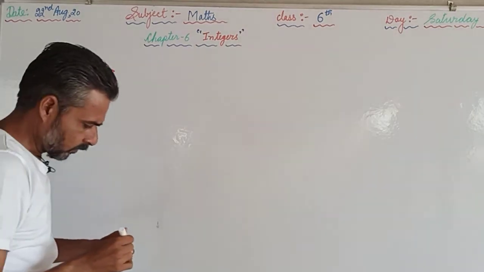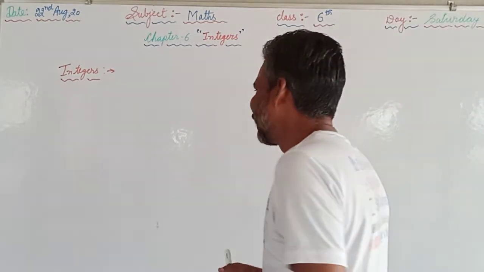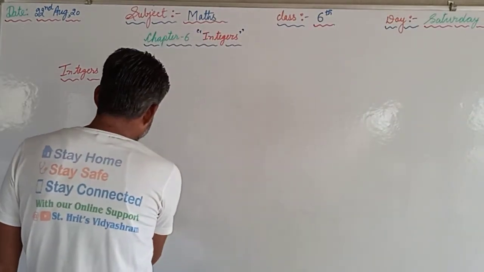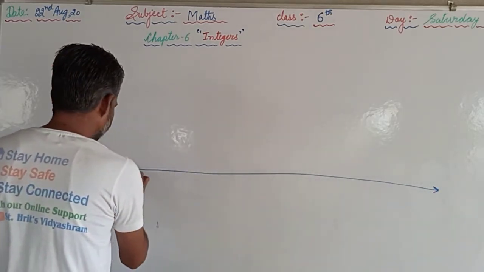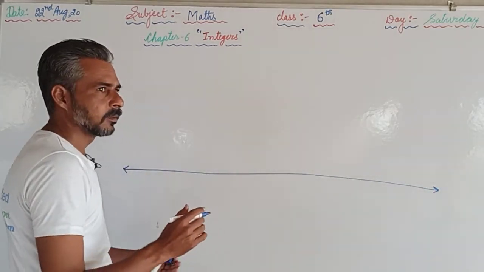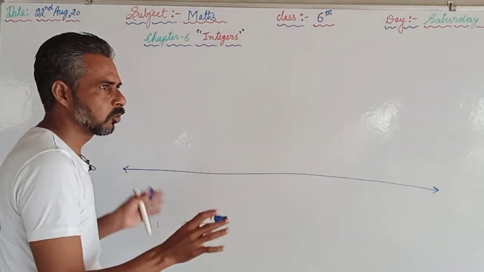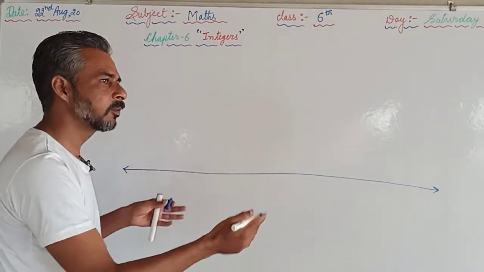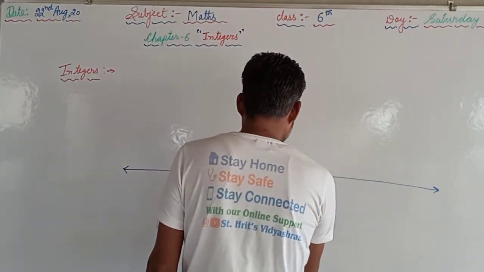To understand the definition of integer, first of all we should know the number line. This is the number line. The arrowheads on both the sides means there is no end, no starting point and no end point on either of the sides. In the center there will be 0.